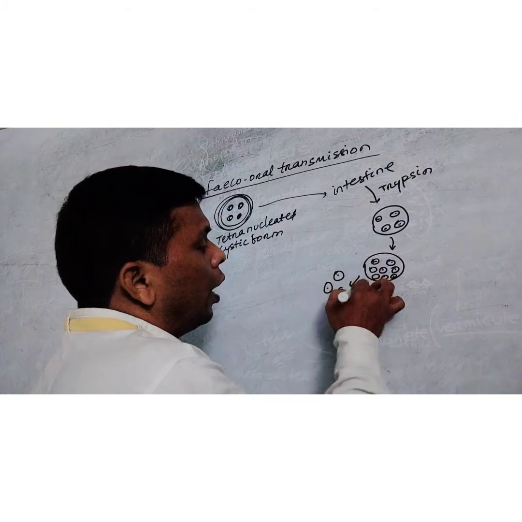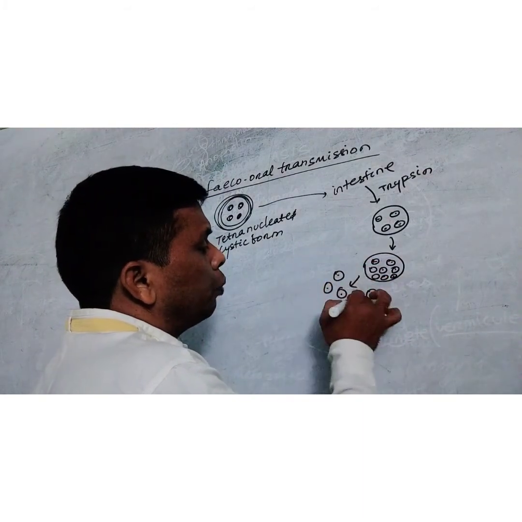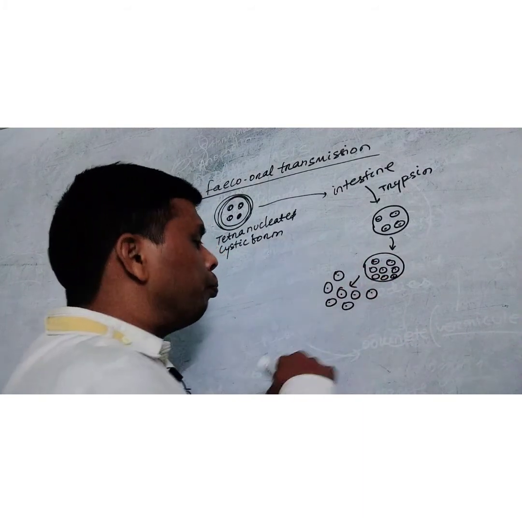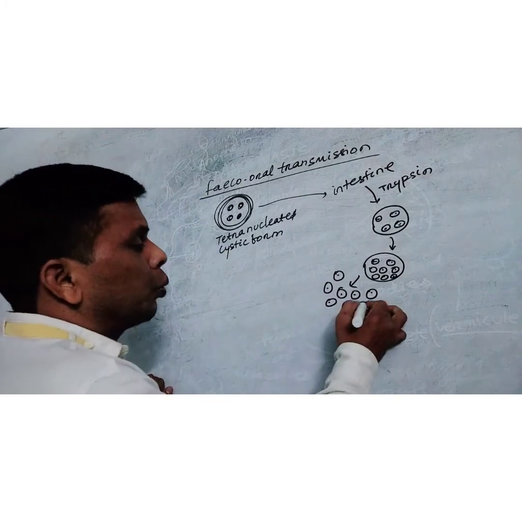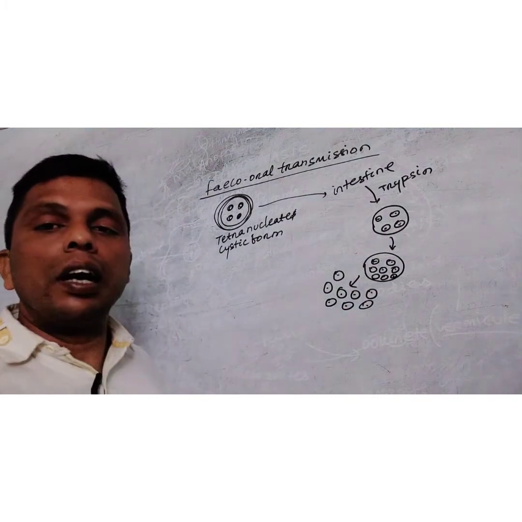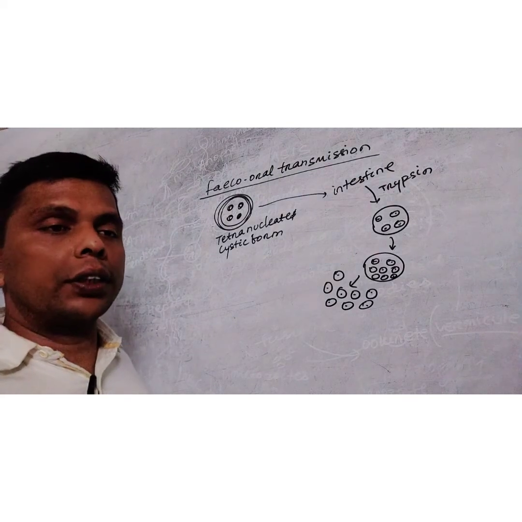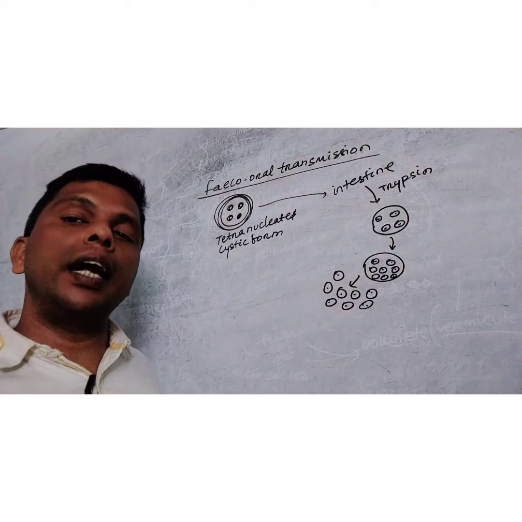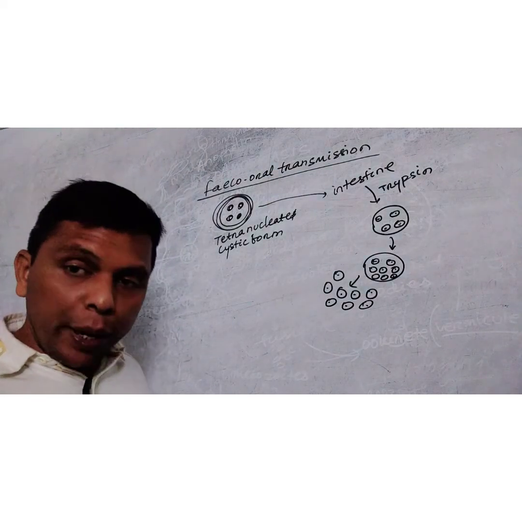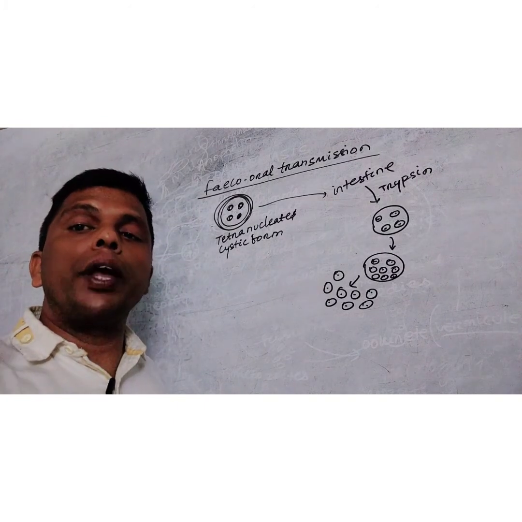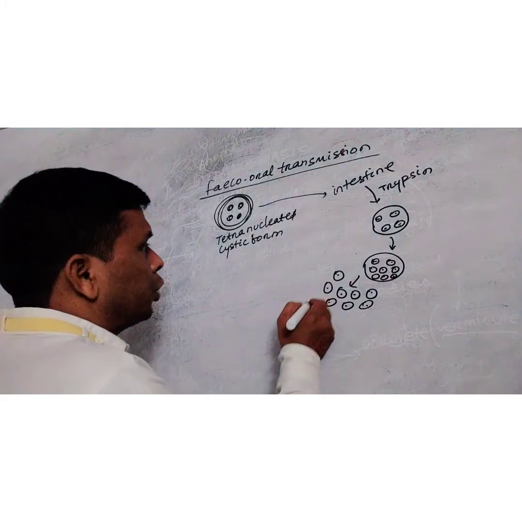So a large number of individuals are formed. Out of these individuals, some remain inside the lumen of the intestine, and some invade into the tissue.